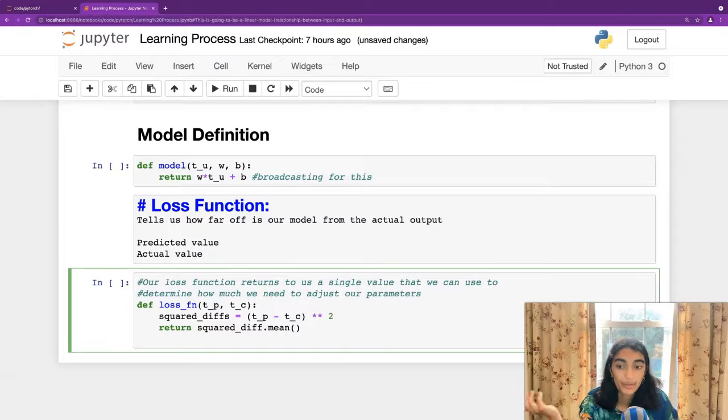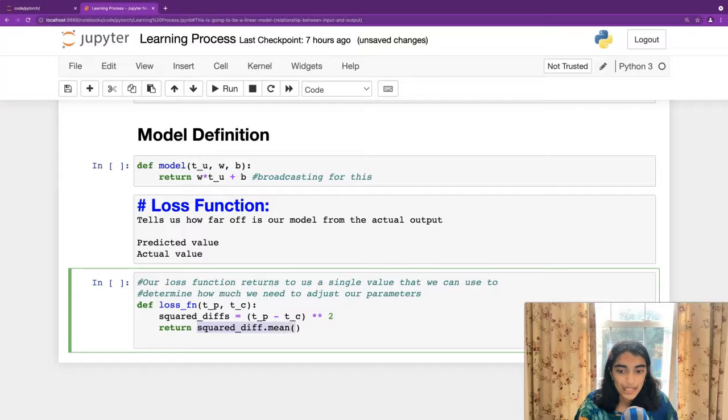Okay, basically the purpose of the loss function. So when we take the mean of this, what we're doing is that we're taking the mean, or the average, of all the elements in that tensor. So that's where we get that single value that we can use.